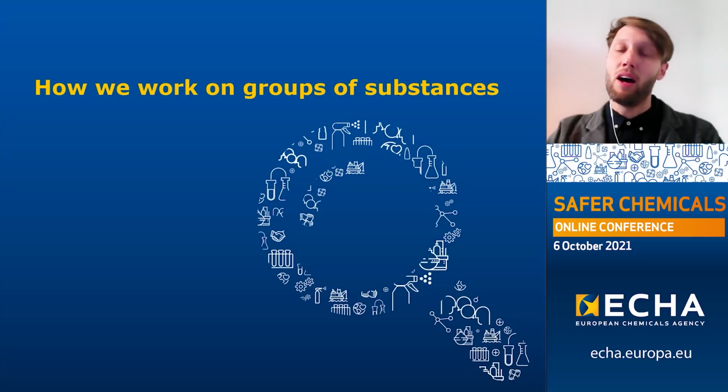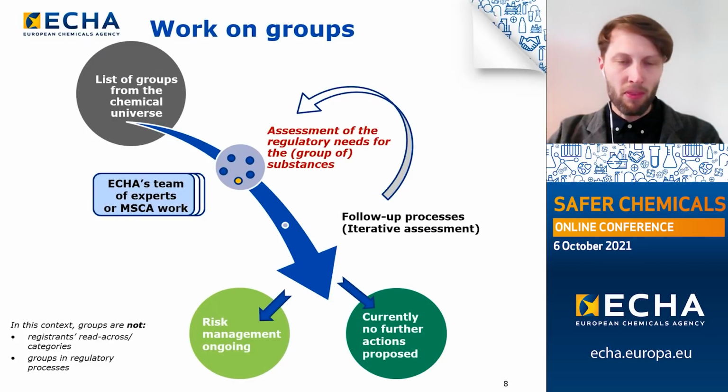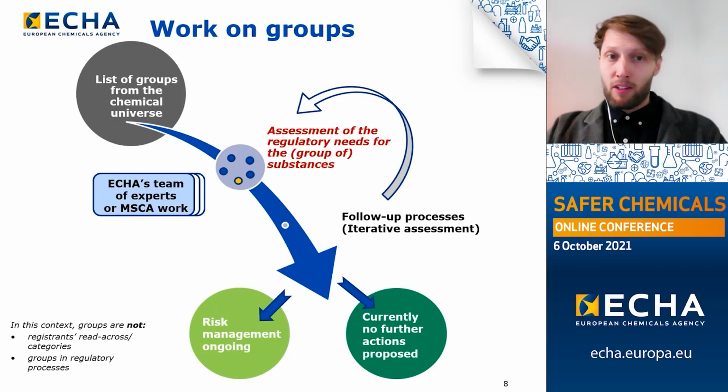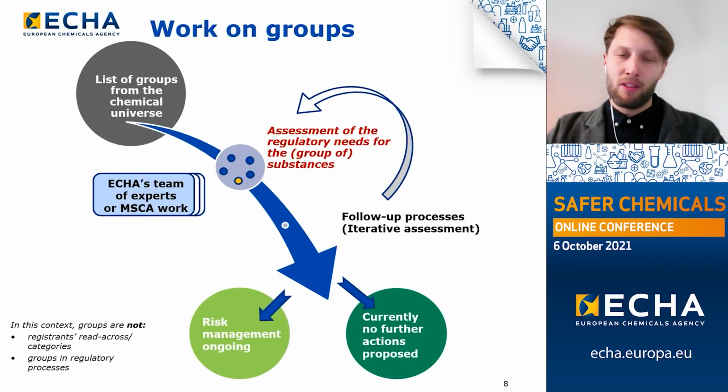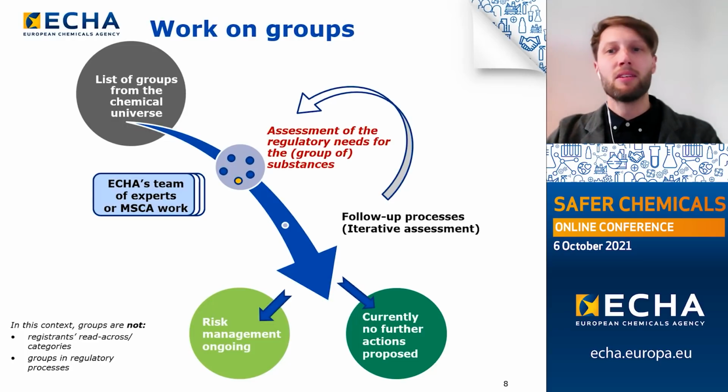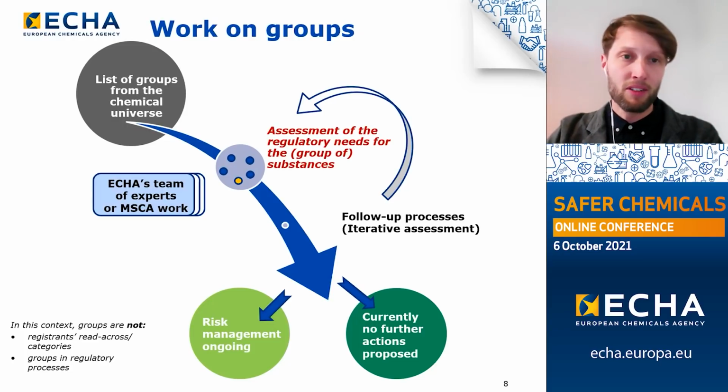Now, how do we in ECHA work on groups of substances? Starting from the list of groups from the chemical universe, so all the substances that have been registered under REACH, we look at structural similarity.